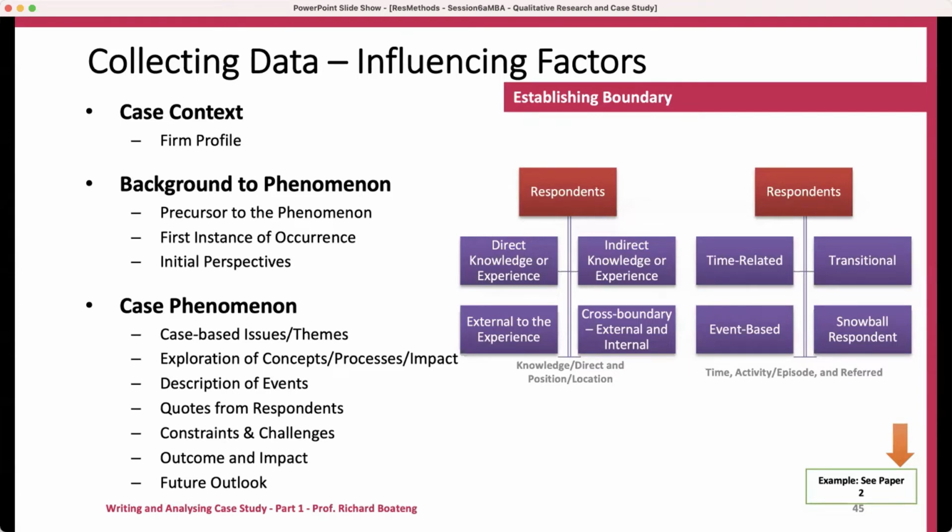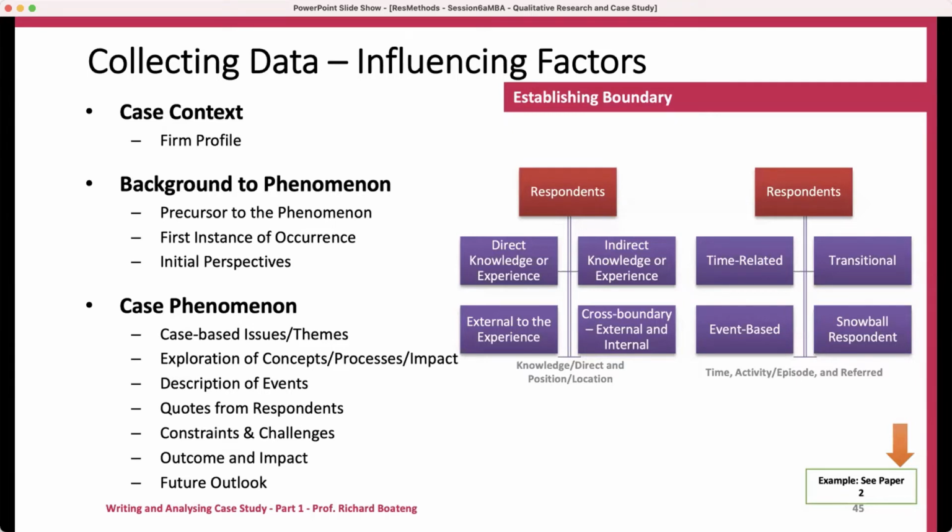Then there are some respondents that are snowball. A snowball respondent is not an original respondent. It's a respondent that comes from a referral. So as you're interviewing somebody who came through an event, somebody who came through time, or somebody who is transitional. Today is there, tomorrow is not there, Tuesday is there. It happens. There are sometimes some respondents to the organization who are very transitional in nature. They are in it, they are out, they are in it, they are out.